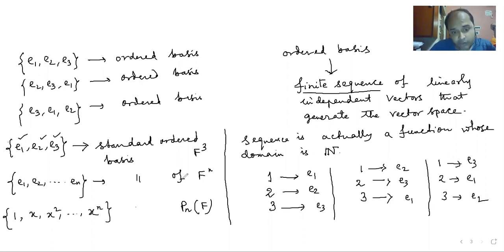This will be the standard ordered basis of Pn(F). If you ask me, sir, give us any other ordered basis apart from the standard ordered basis, then I can give you an ordered basis like this.